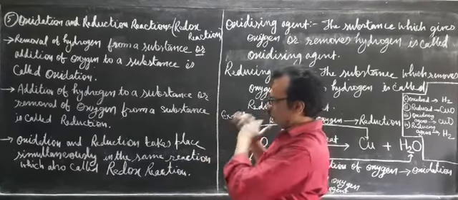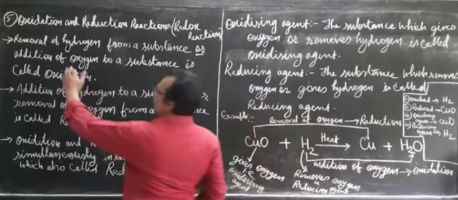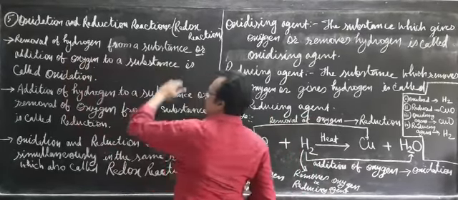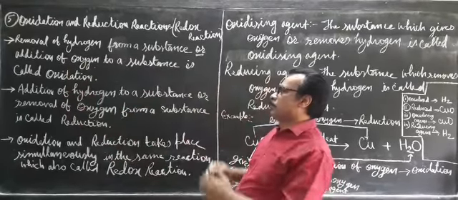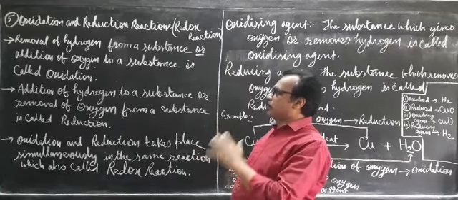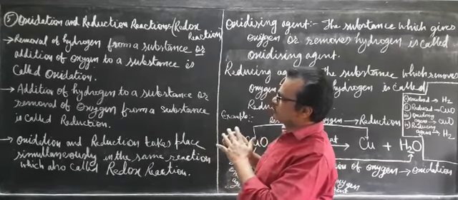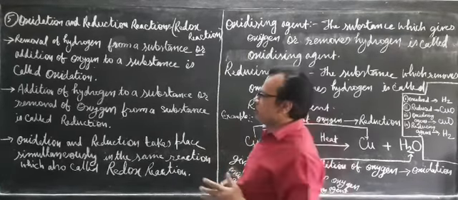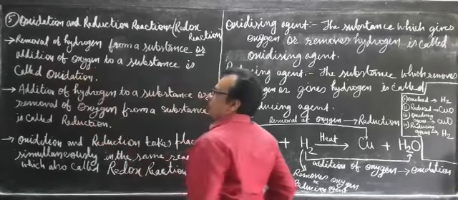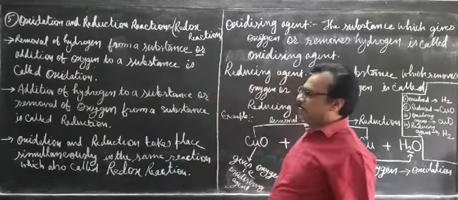That is called oxidation. Removal of hydrogen from a substance means the amount of hydrogen in that substance will decrease. So either removal of hydrogen or addition of oxygen, both are known as oxidation.